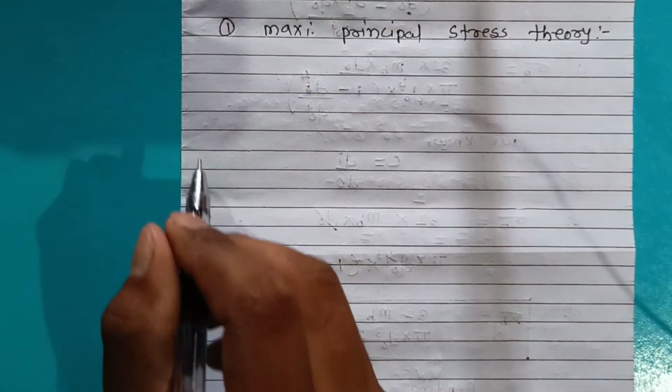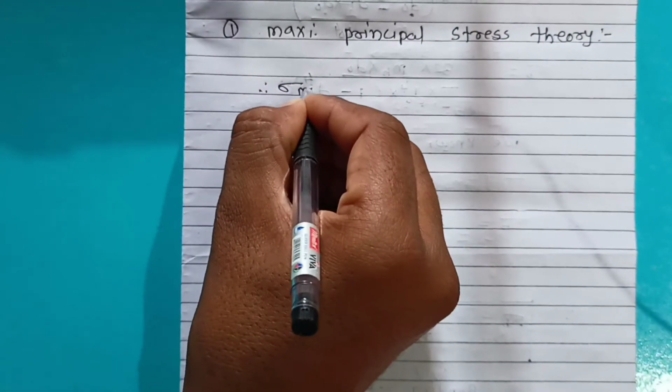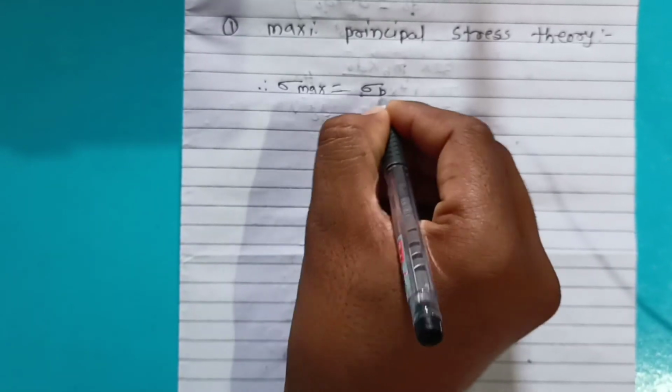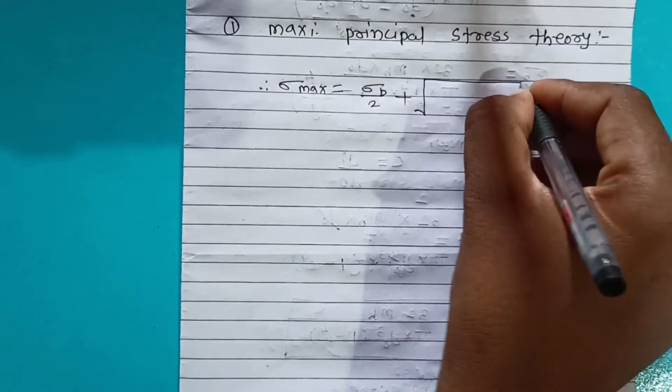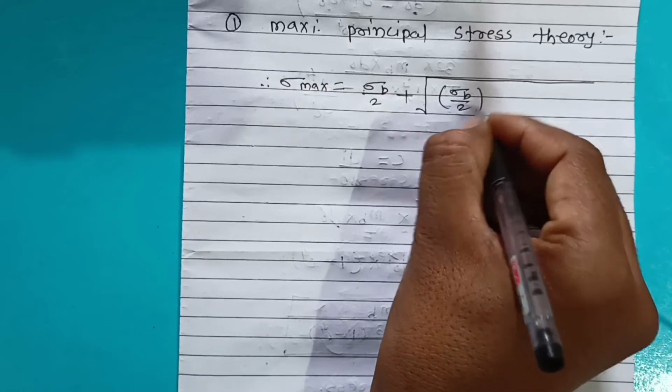Here we will study the maximum principal stress theory, and we know the formula: sigma max is equal to sigma b divided by 2 plus root of (sigma b by 2) whole square plus tau square.